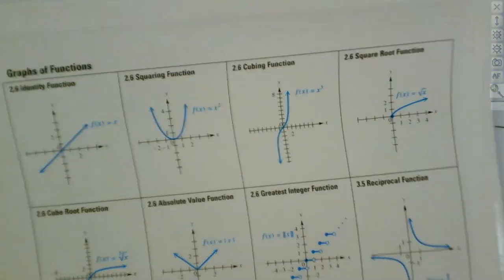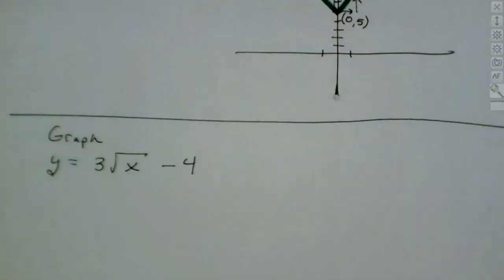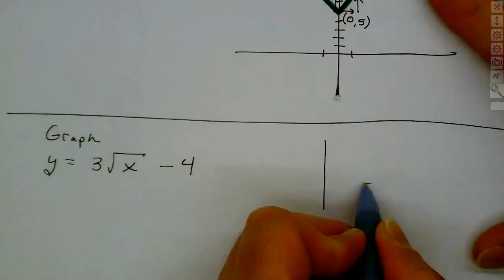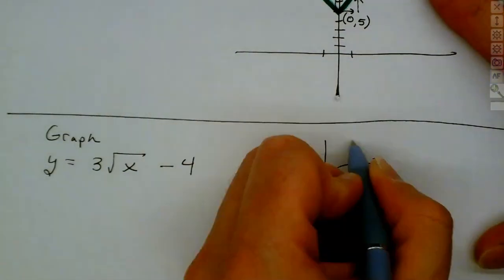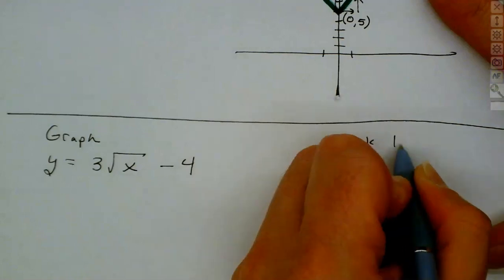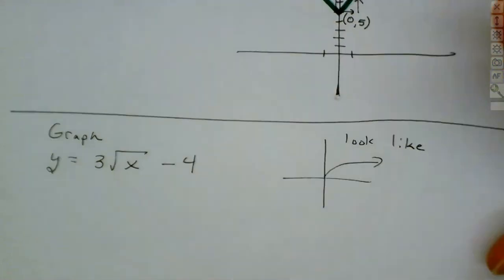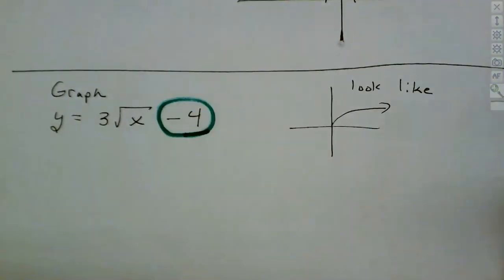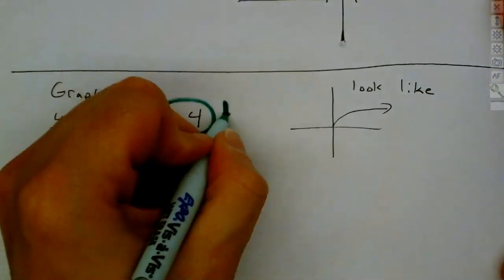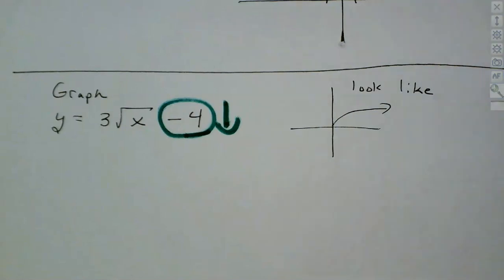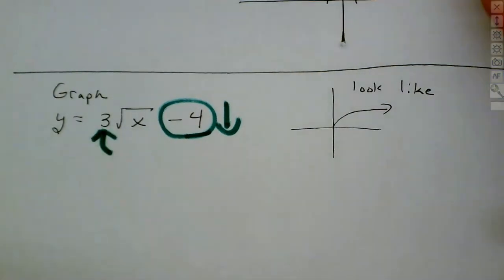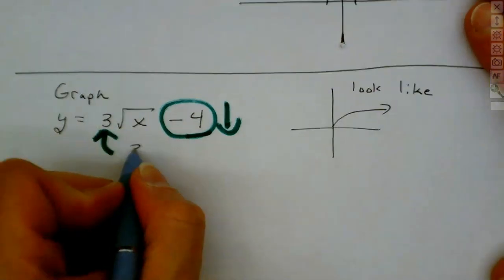The first thing I do is identify the fact this is a square root, and so it needs to look like this. What is this minus 4 going to do? It's going to move it down 4 units. And what about this 3? 3 is like a 3 over 1.